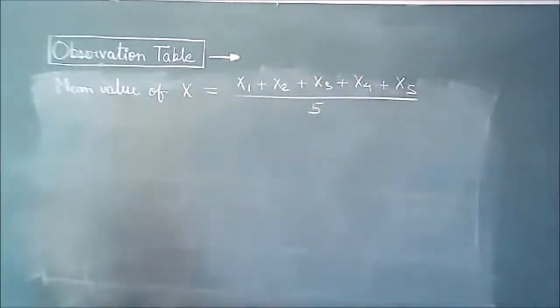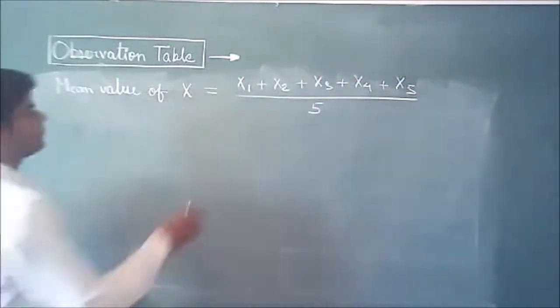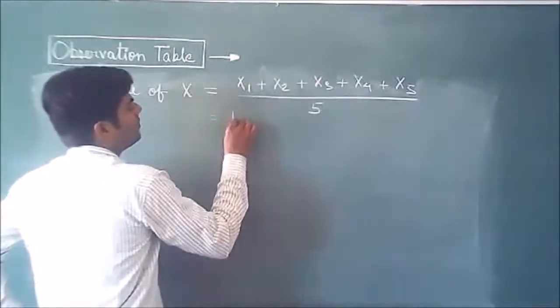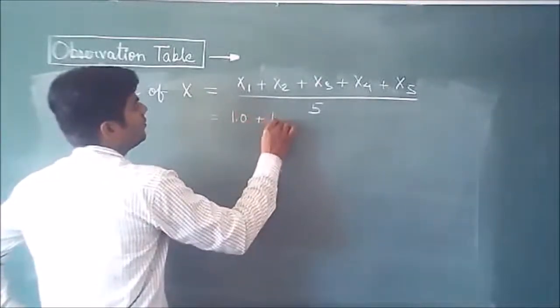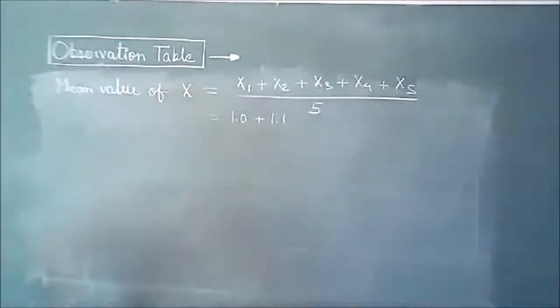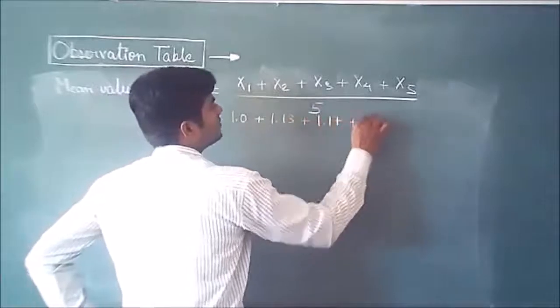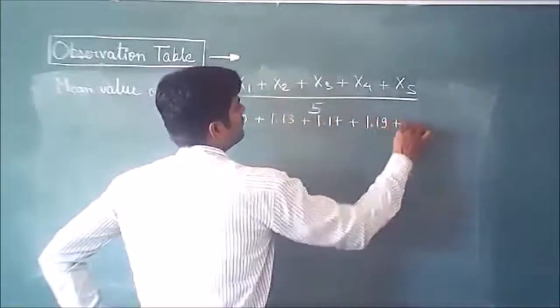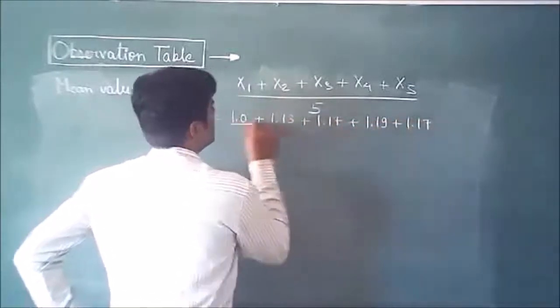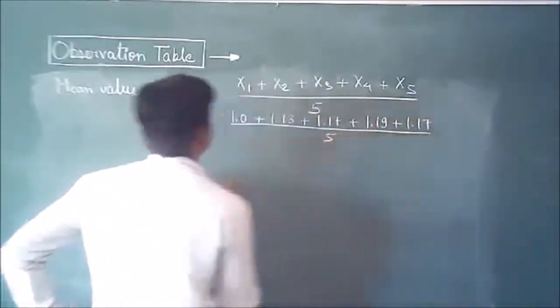So let us put in the values: 1.0, 1.13, 1.17, 1.19 plus 1.17 again, upon 5.